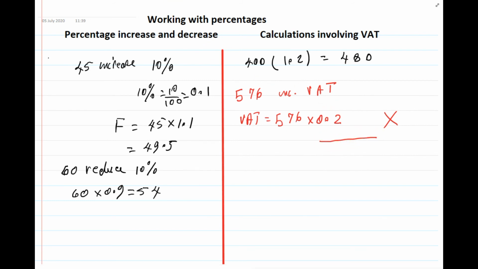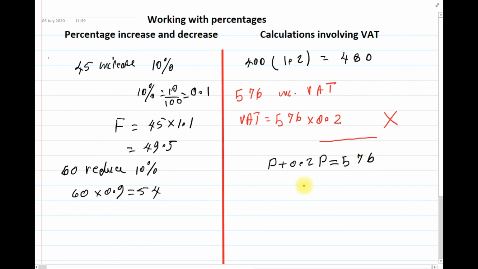The correct method of doing this, without having to necessarily have a formula, is that we use what knowledge of algebra and equations that we have so far. So we assume that the original price, which we don't know, is P, and to this price we add 20% VAT, which would be 0.2 times P, which is 20% of P, and this has added up to become our final price, which is 576.